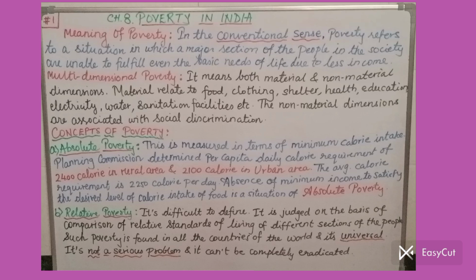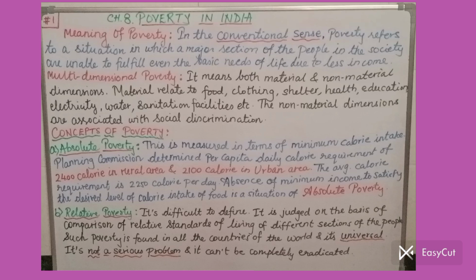But when we compare ourselves with others, we feel that we are poor. And when the person earning 5 lakh compares himself with someone earning 10 lakh per month, he feels that he is poor. I hope you got the point. So relative poverty is not actually a problem, and this poverty exists in all countries.